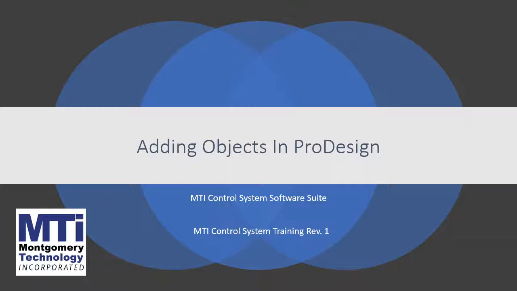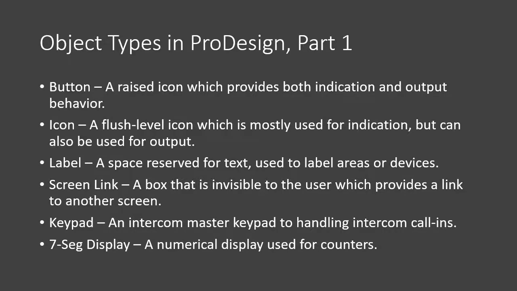But for this session, we're going to cover the concepts of adding and managing objects on a screen in ProDesign. Under the insert menu on any screen in ProDesign, you have a number of options that allow you to add different types of objects, ranging from a button all the way to a screen itself.